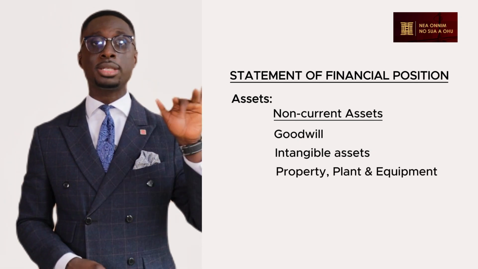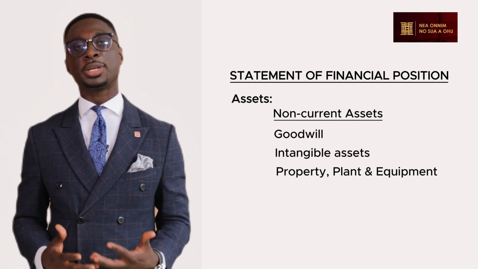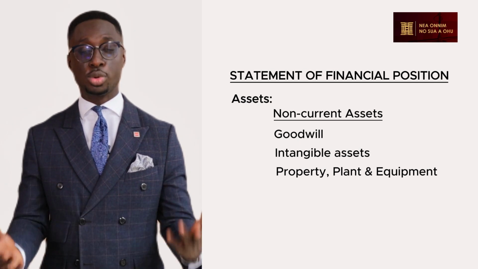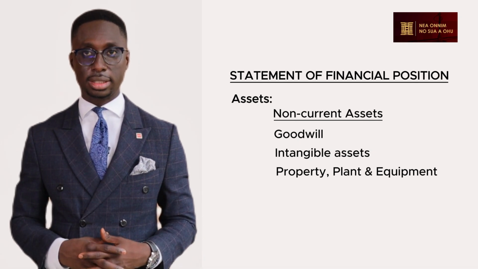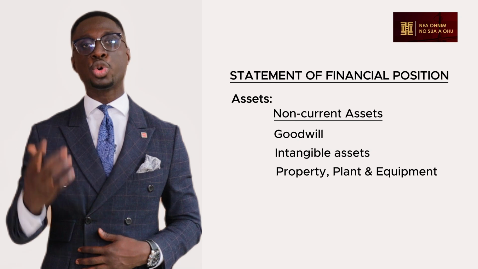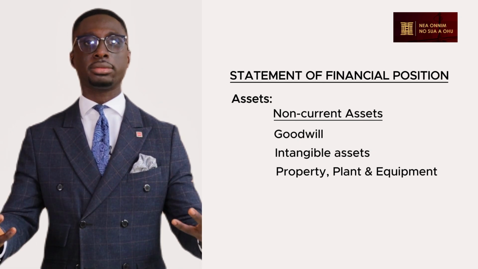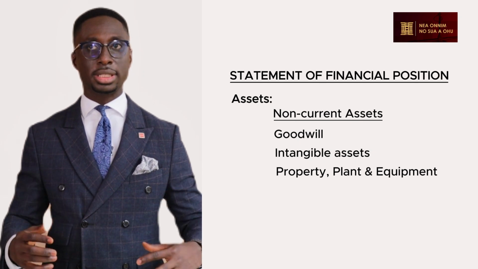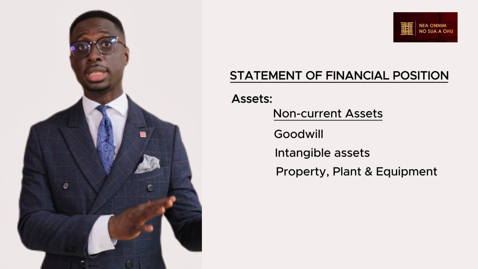Now let's look at property, plant, and equipment. This is one of the things that get to be felt and touched the most when you engage with any business as an asset. So, for instance, when you go into a particular company, you may meet a building. If it is owned by the business or controlled by the business, a building is part of its property, plant, and equipment.